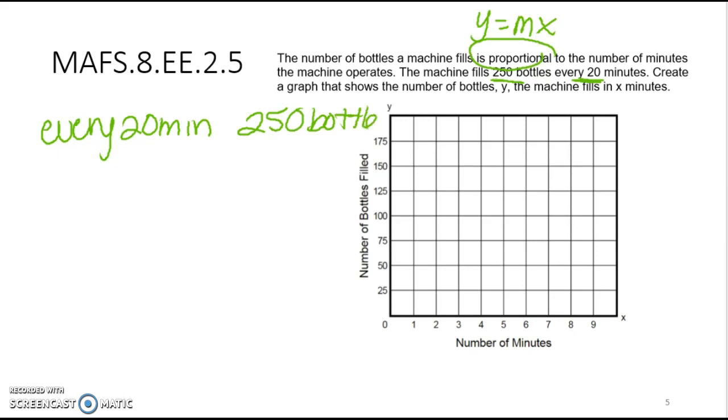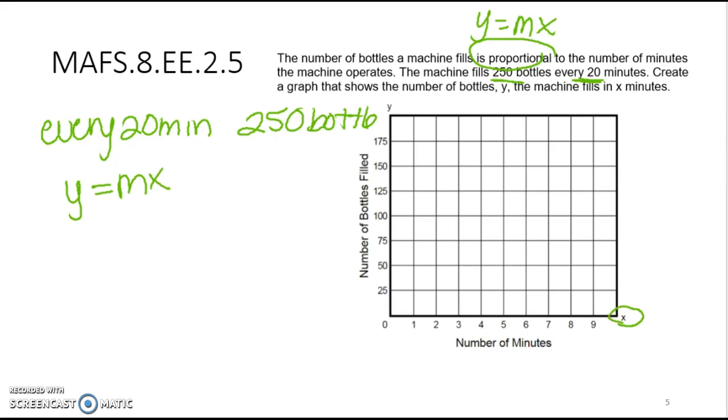Create a graph that shows the number of bottles y the machine fills in x minutes. So remember, we're dealing with y equals mx. So every 20 minutes, I'm filling 250 bottles.